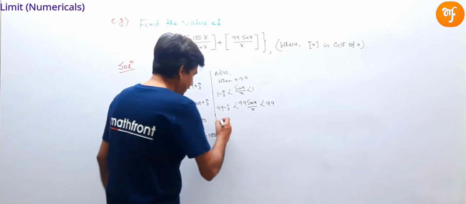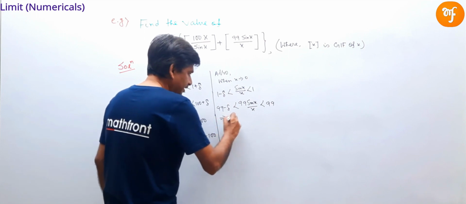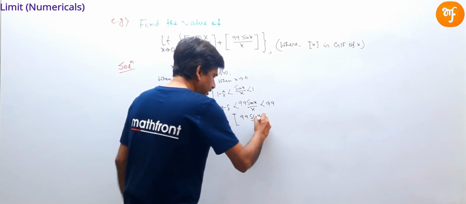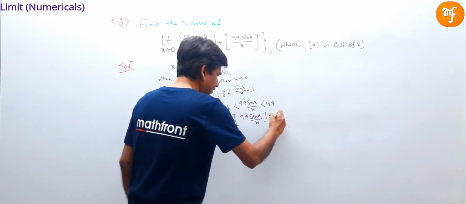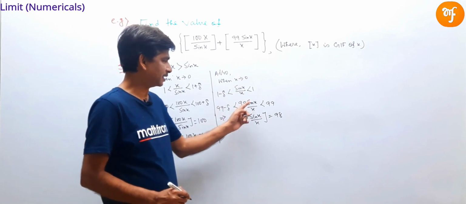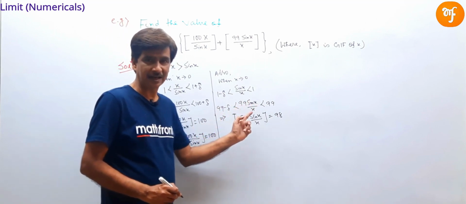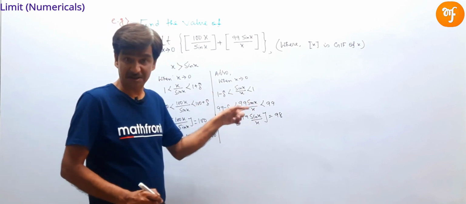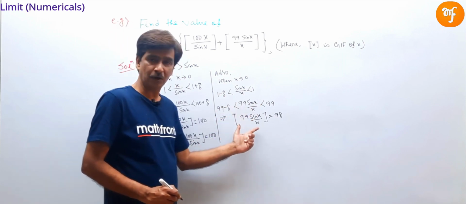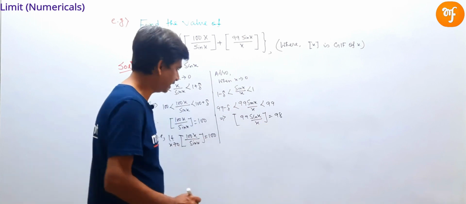Similarly, in this case, we can say box of 99 sin x divided by x is nothing but 98, because 99 sin x by x is less than 99 and greater than 98 when x tends to 0. So definitely if we take box, the result will be 98.